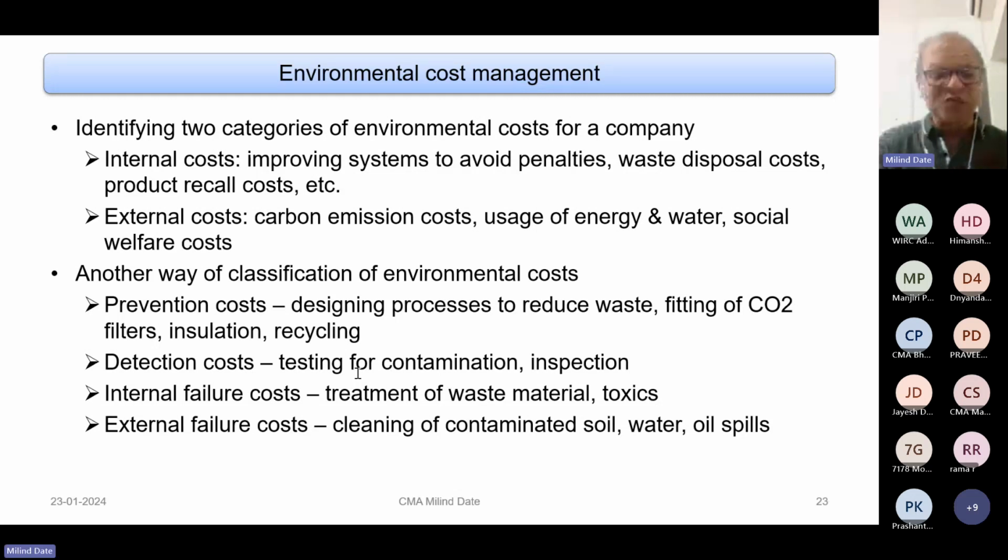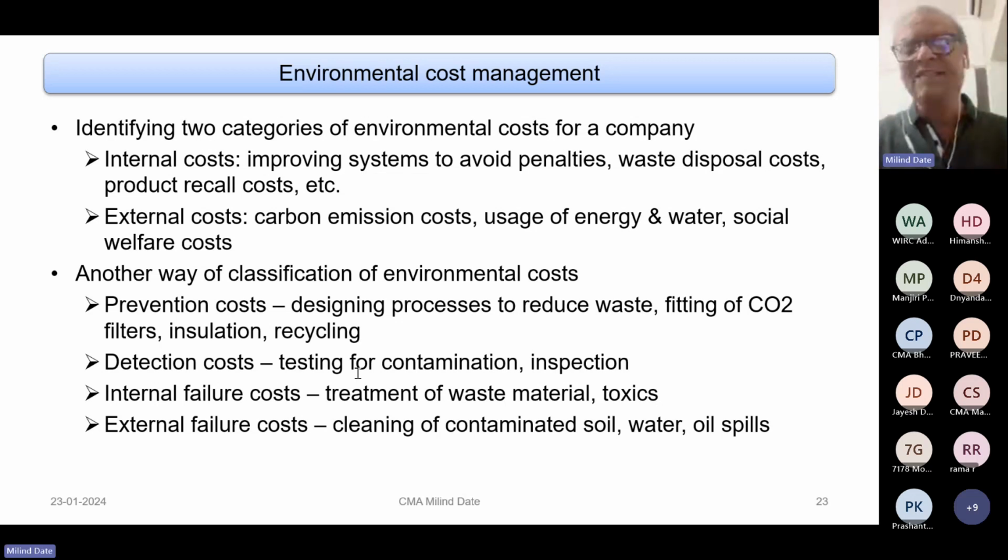Howsoever you may reduce, some amount of waste will get generated. Some amount of toxic material may get discharged. And external failure cost will be like, okay, if you cause some hazard, you will have to clean up. I gave you the example of British Petroleum. So cleaning of contaminated soil, contaminated water, oil spills, that's the way you need to classify your environment related cost and then collect them by documentation.